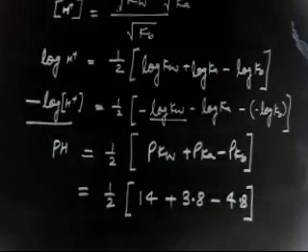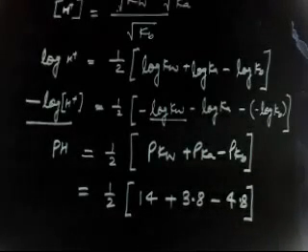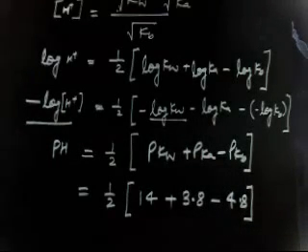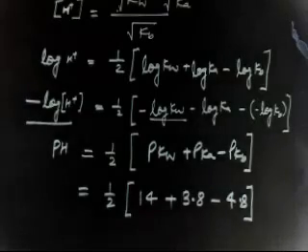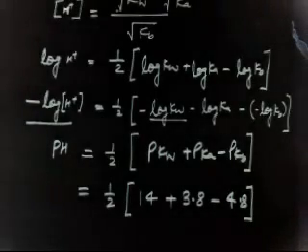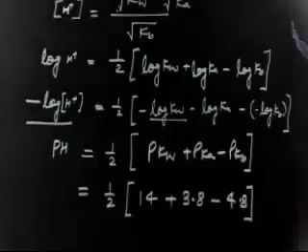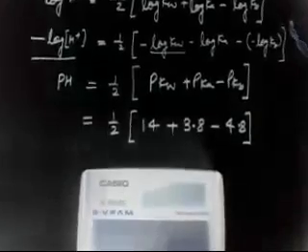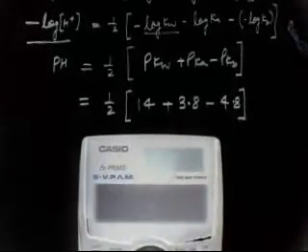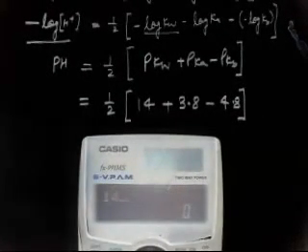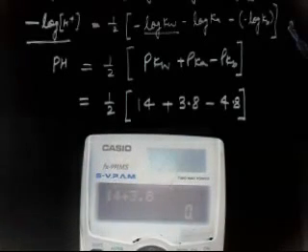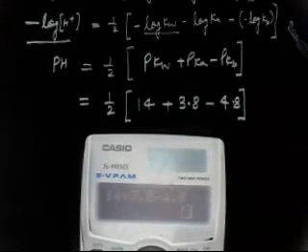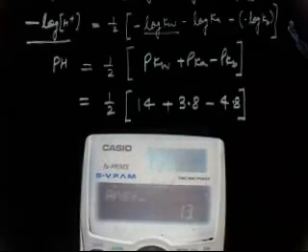Everybody getting up to this point or not? Let me do this calculation. I think you have copied this one. So this is 14 plus 3.8 minus 4.8, which equals 13, divided by 2.